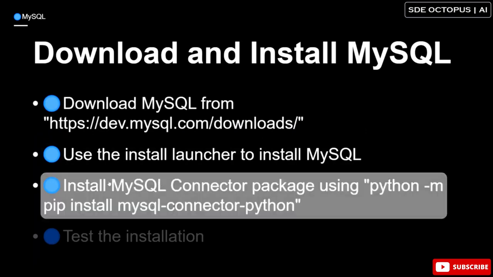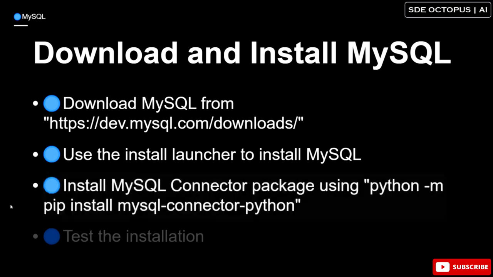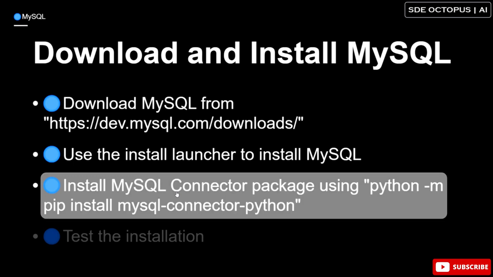And after using the installer launcher to install MySQL completely locally on our device, to use MySQL in the Python programming language, you need to install the MySQL connector package. You need to use this command: python -m pip install mysql-connector-python.